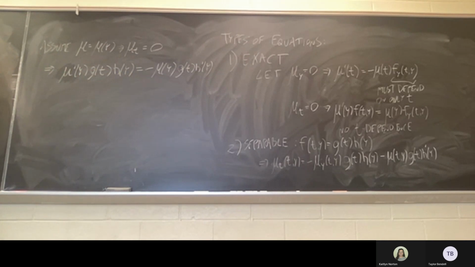Now, what's really convenient about the equation now that we didn't have before? How can we simplify this in a way that we could not earlier? And again, G and H are given, and we're just solving for mu of y itself.